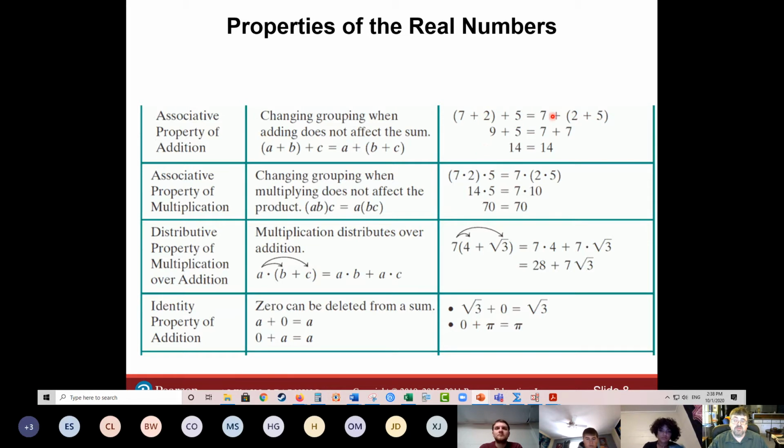Notice that none of the other numbers have been rearranged. If we're rearranging a number, we're using the commutative property. If we're rearranging parentheses, we're using the associative property. So associating means grouping, like the people you associate with are the people you hang out with.